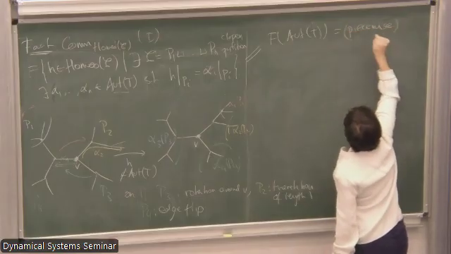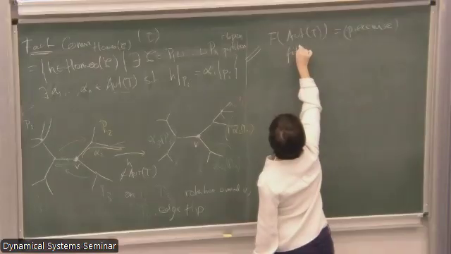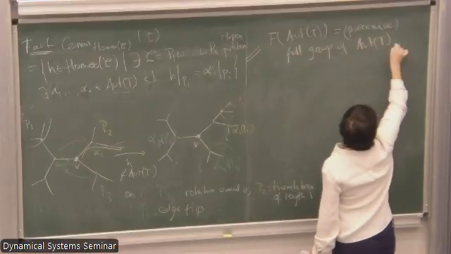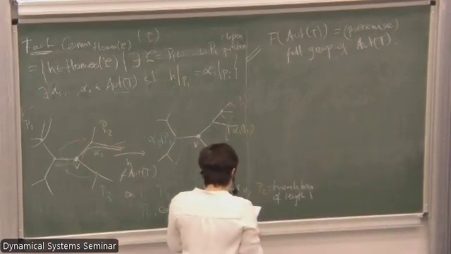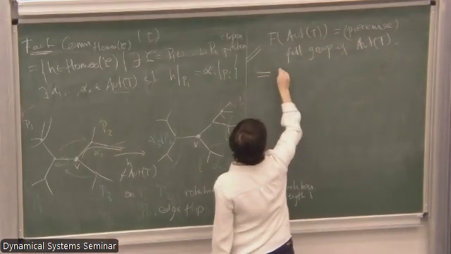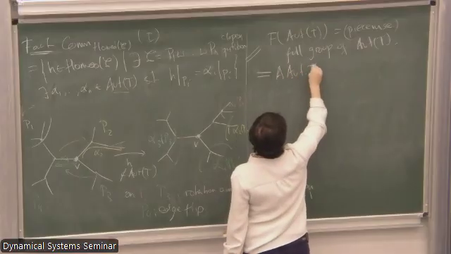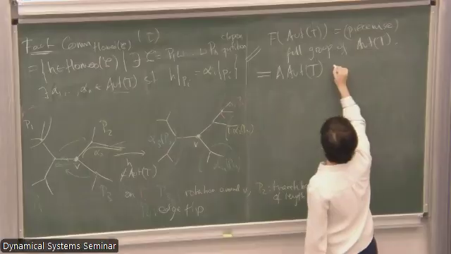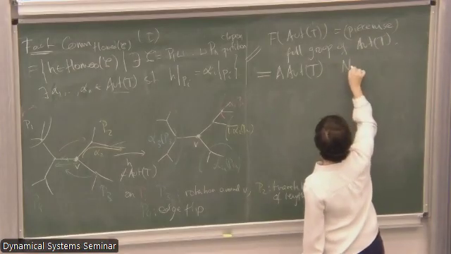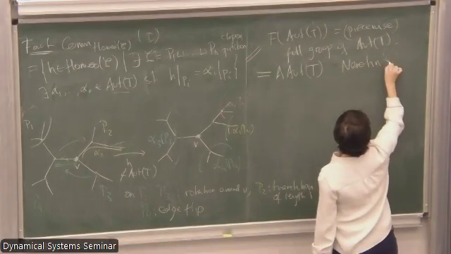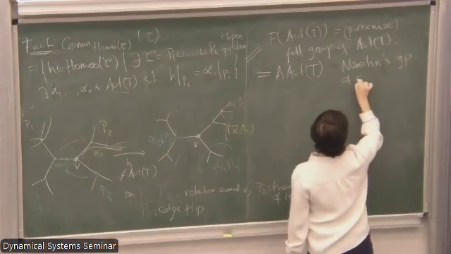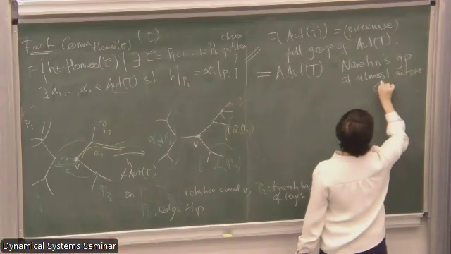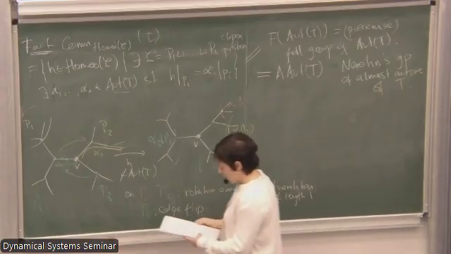Piecewise or topological, however you want to call it, full group of Aut T. Or it's also known as A Aut T, so almost automorphisms of the tree. So it's a group of almost automorphisms of the tree, and it's also known as Neretin's group of almost automorphisms of T.